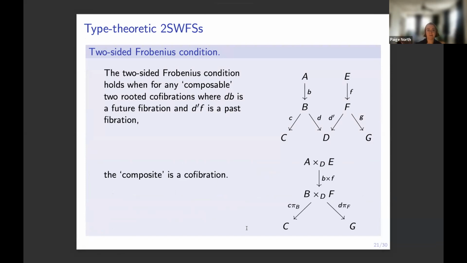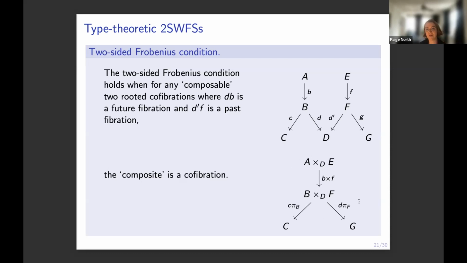The regular old Frobenius condition said that whenever we pull back a cofibration along a fibration, it's still a cofibration. Now the two-sided Frobenius condition says that if we have two cofibrations like this that are composable, in the sense that they share this object here, and this one is a future fibration and this one is a past fibration, then we can in a sense take a pullback of both of these cofibrations along a fibration, and take basically a composition of these two things to get a sprout like this.